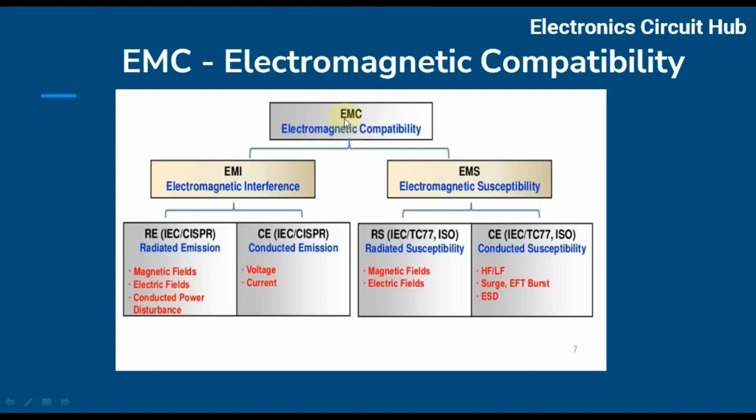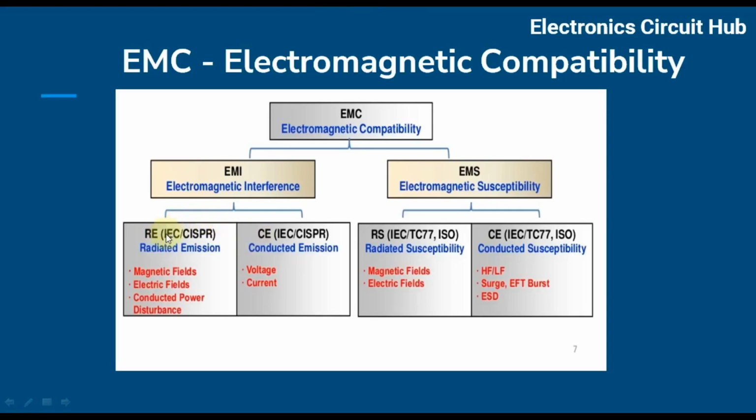You can see here EMC stands for electromagnetic compatibility. EMC has two legs. One is EMI, the other one is EMS. EMI stands for electromagnetic interference. EMS stands for electromagnetic susceptibility. Under the EMI, you can see you have radiated emission and conducted emission, right?